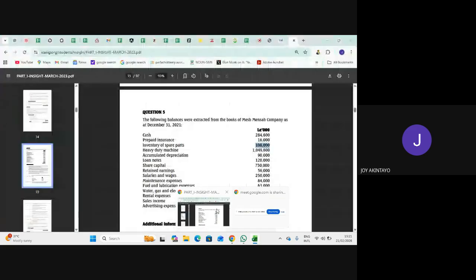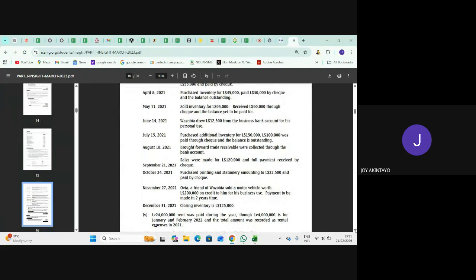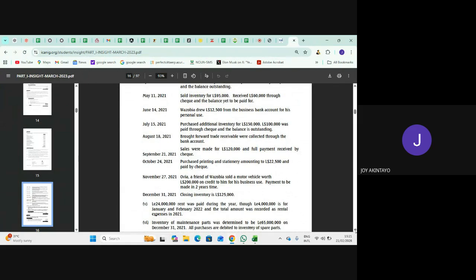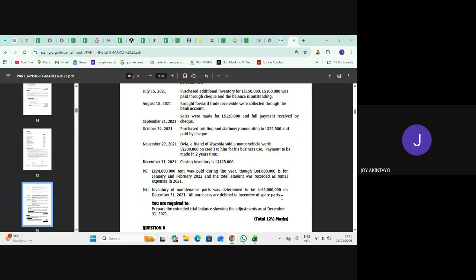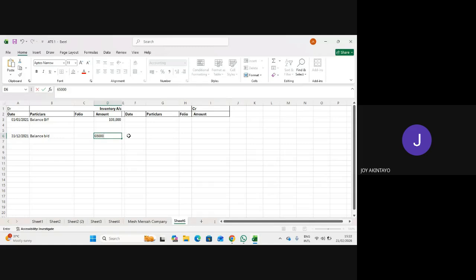What is our balance brought down? It is the balance we have at the end of the period, 65,000 naira. So this leads us to the balance brought down, which is at the beginning of the following period, 1/1/2022.